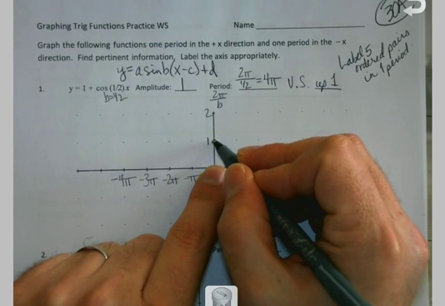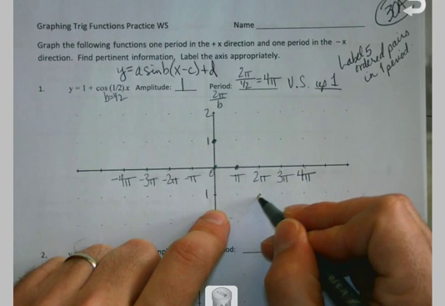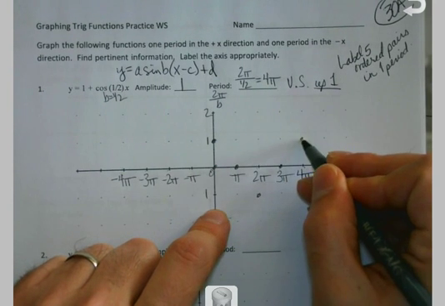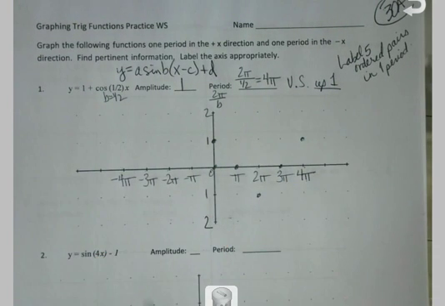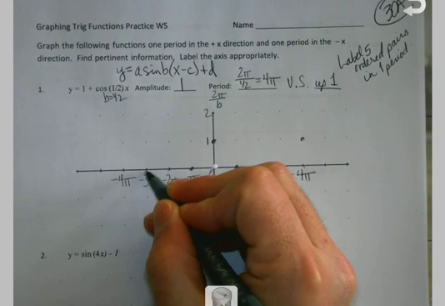And I'd say normally my cosine would go maximum, 0, minimum, 0, max. And again, I would keep that same pattern up as I was going the other direction as well. So max, 0, min, 0, max.